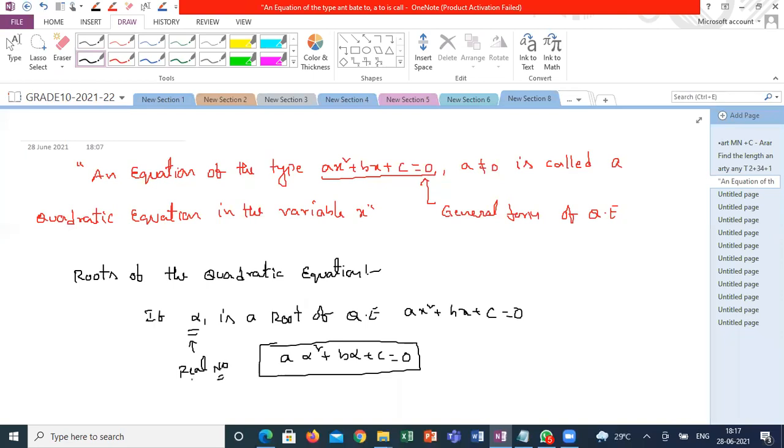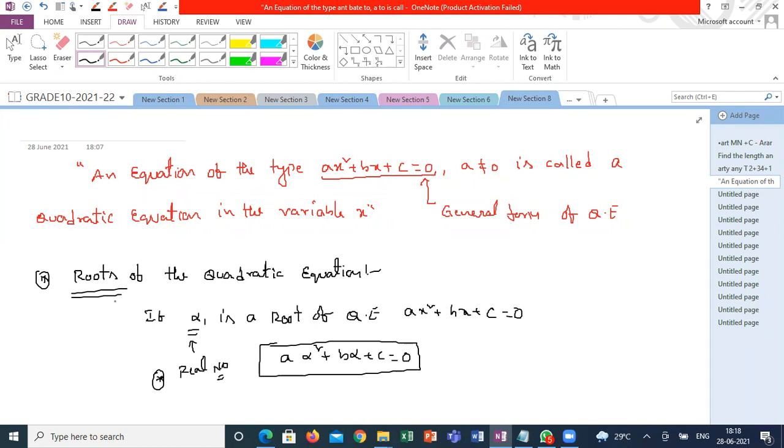Non-real number roots we will discuss in class 11. As of now, we are only going to discuss real number roots. Understand, guys, what is the meaning of root of a quadratic equation? For an expression we say solutions; in place of solution, we are calling them roots of the quadratic equation. So, guys, got it?